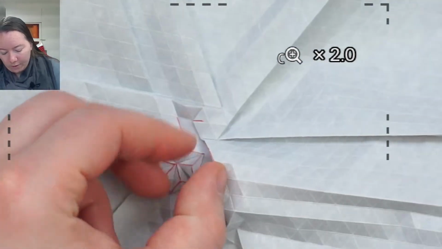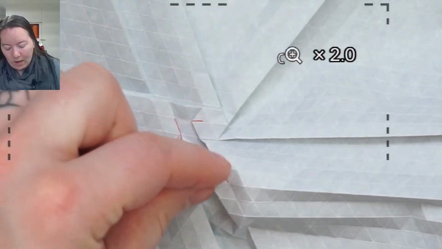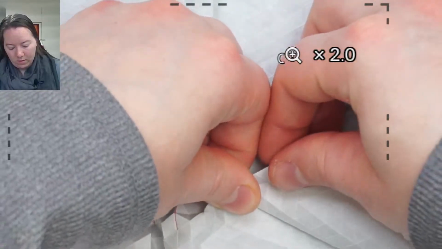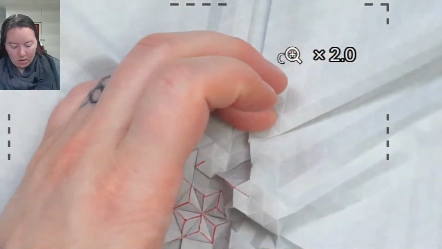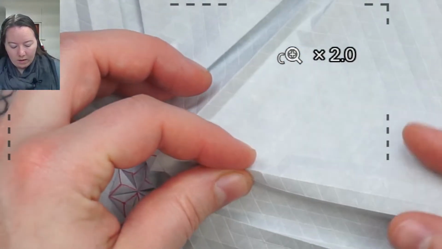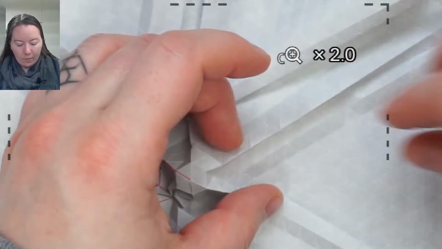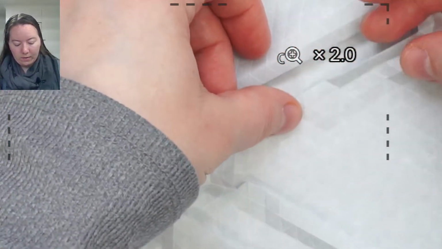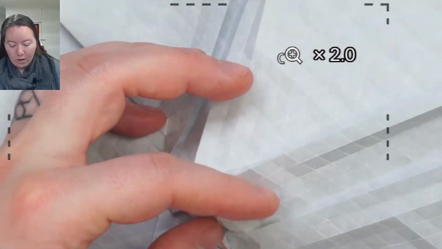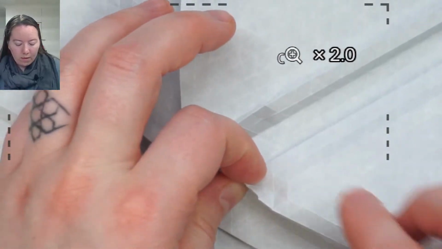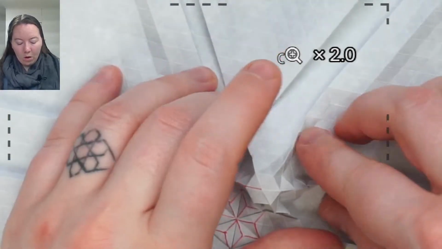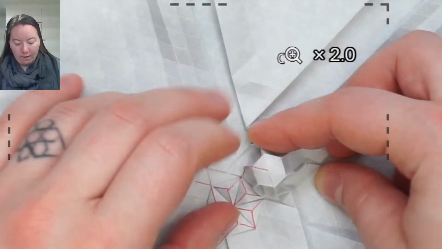I already have 2 pleats coming in, so that defines my center point. And then I can get my remaining 4 pleats in place. And if it's helpful to think it out as you go, this is going to be a right-handed hexagon because it's on a pleat coming from a left-handed hexagon.